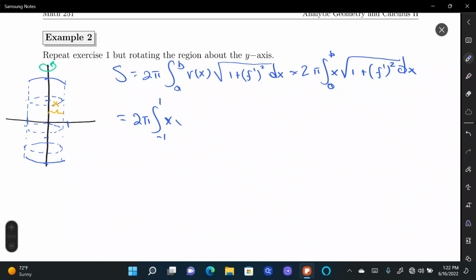First of all, the derivative of the given function, we got it to be negative x over the square root of 4 minus x squared, quantity squared.